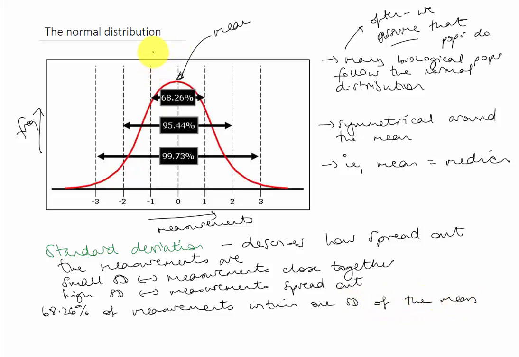So that's what I'm talking about, this part. There'll be an equal number of measurements between one standard deviation below the mean and one standard deviation above the mean, and then it carries on.